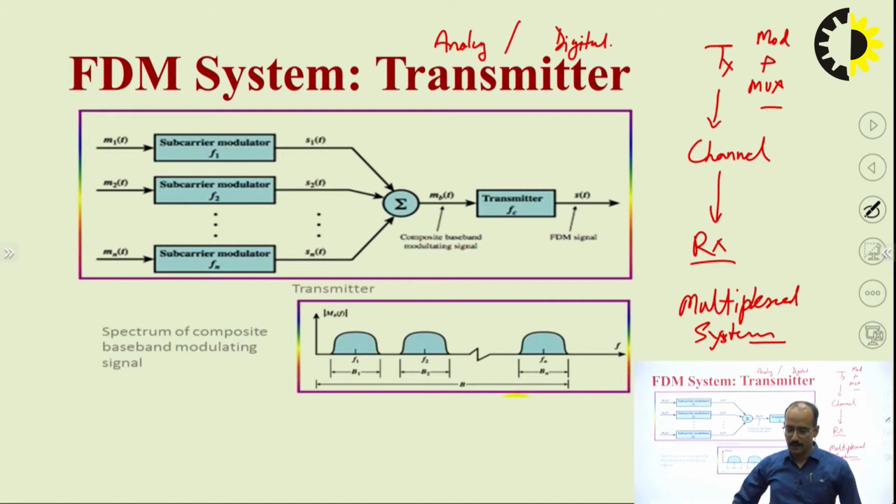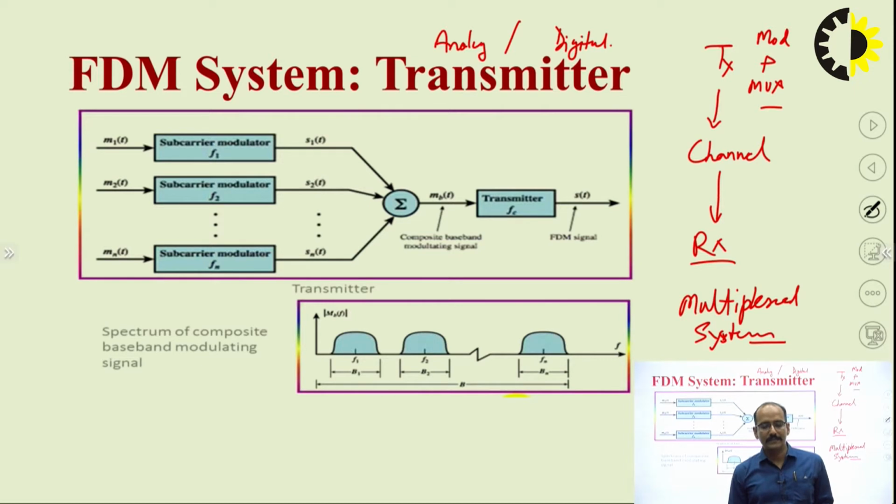In an analog multiplex system your signal is in analog form, which means you have to use an analog multiplexing technique and an analog modulation technique. As you discussed in the telemetry principle lecture series, multiplexing is of two types: frequency division multiplexing and time division multiplexing.